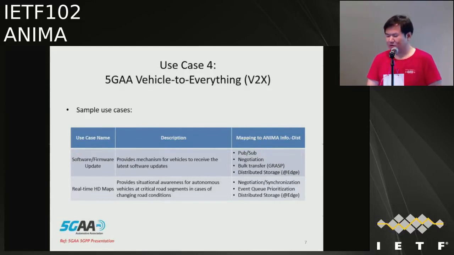It also needs subscription for when the newest firmware is available. The real-time HD map has similar logic. For example, when a car drives into a specific area, it can get the part of the HD map for that exact place at the local edge without downloading it from a single point.